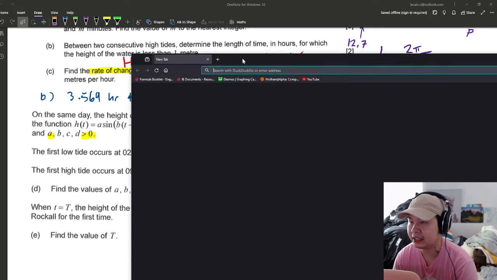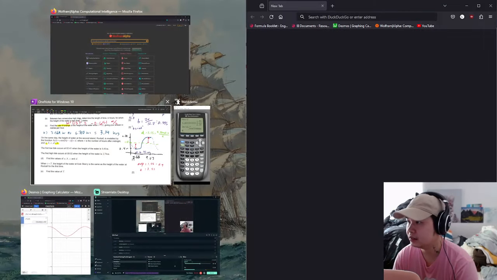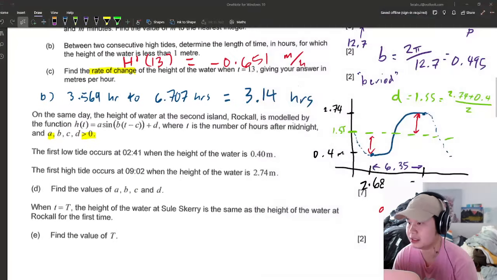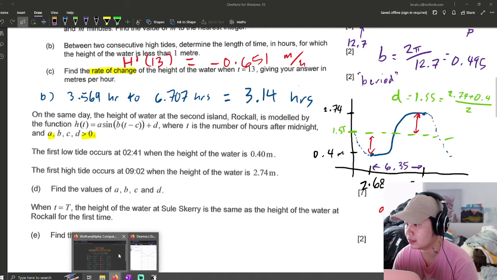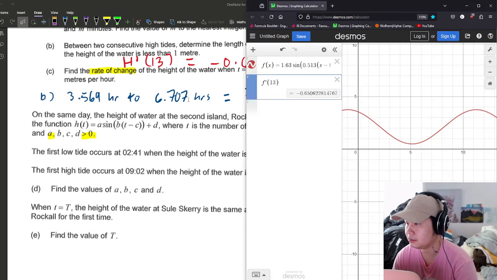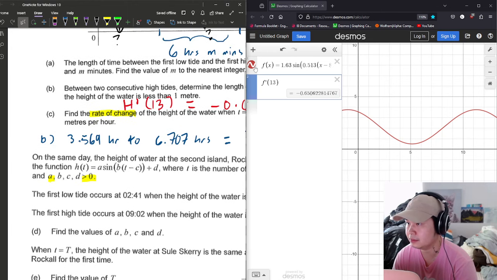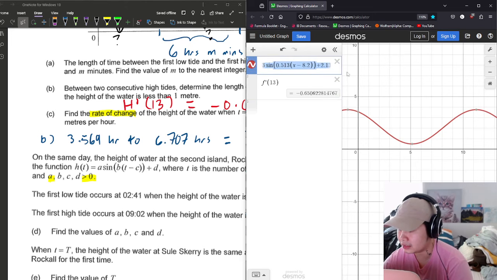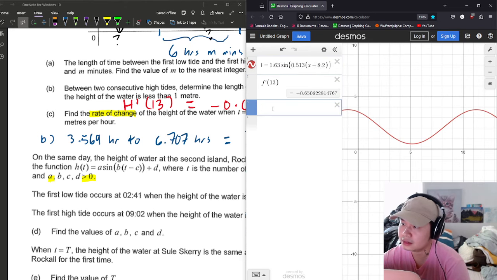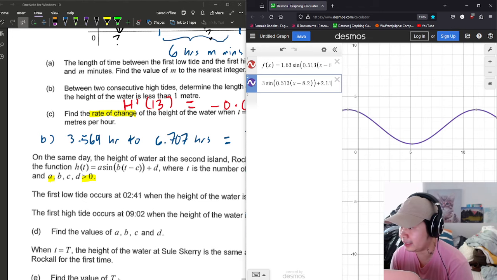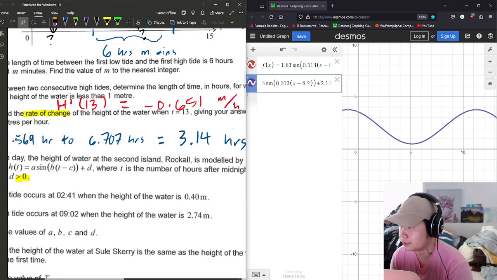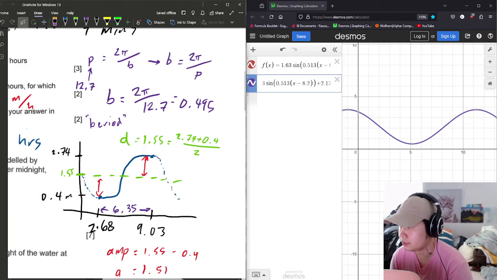let me pull out Desmos again. Okay, let's graph this other island. I'm gonna just steal this, paste it, and then we're gonna change the values to what we figured.